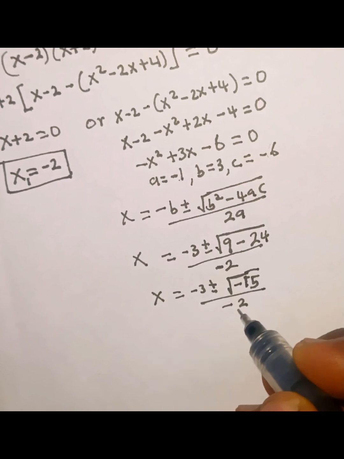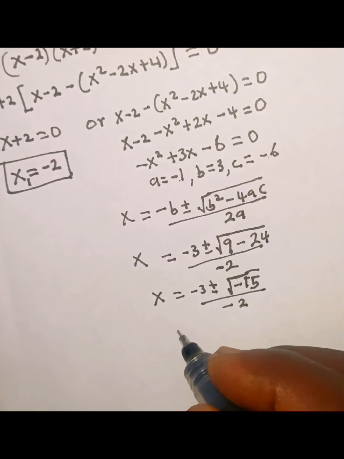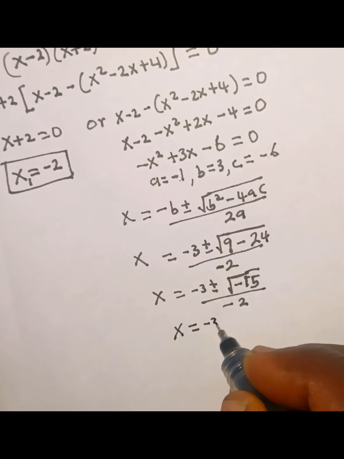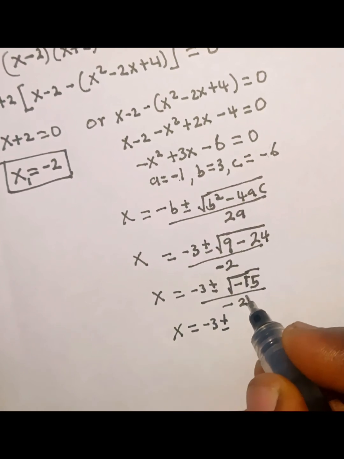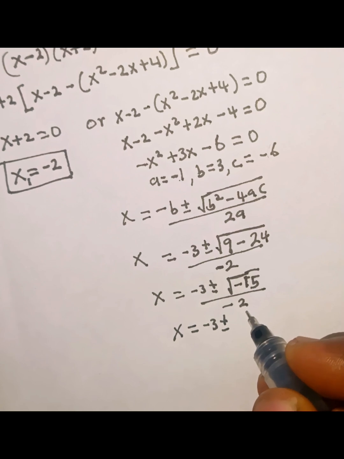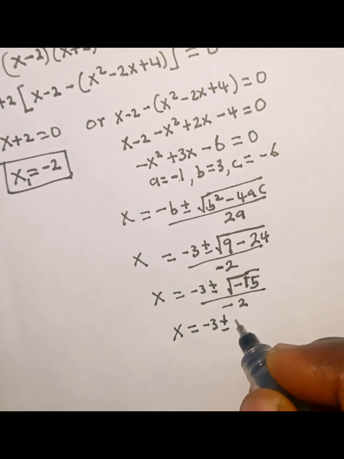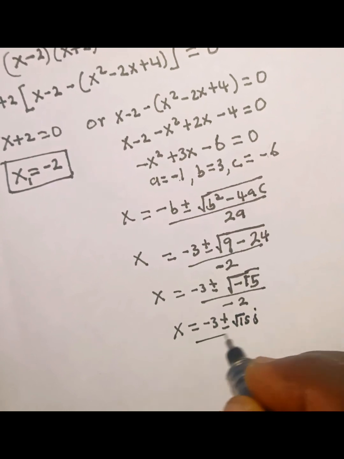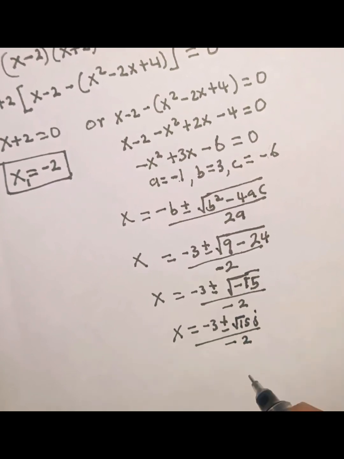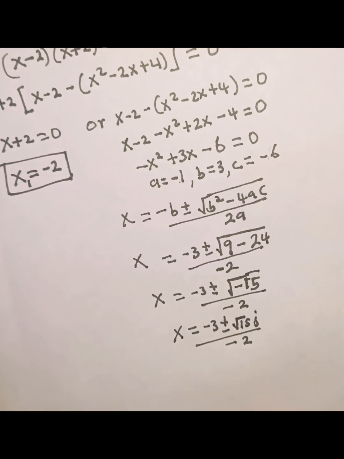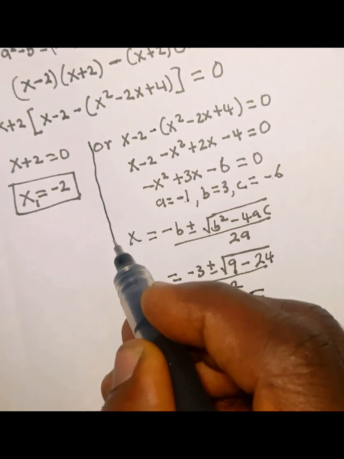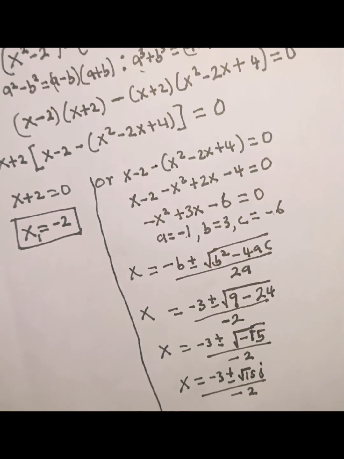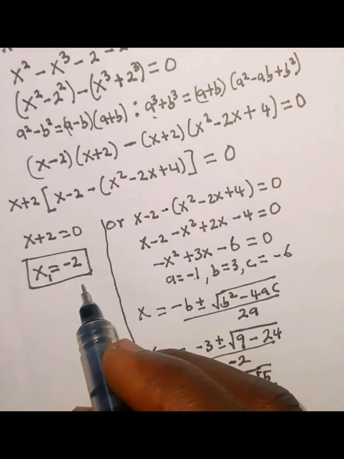So therefore, when you solve this, you are going to arrive at x equal to -3 plus or minus square root of -15, which is going to give us an imaginary number, square root of 15i, then all over -2. So if you simplify further, you are going to notice that your x2 and x3 is going to be a complex solution. And our interest is to find real number. So therefore, the only solution that will satisfy this equation, a real number, is x equal to -2.